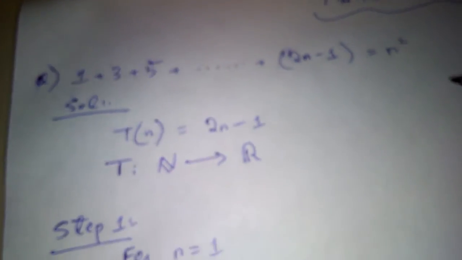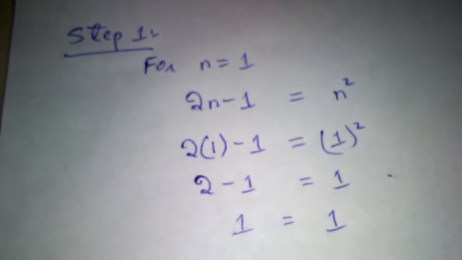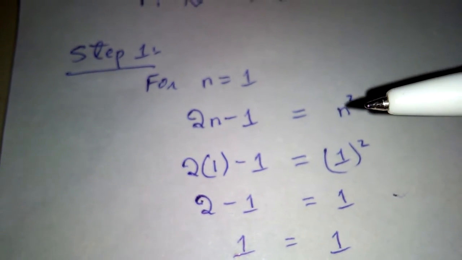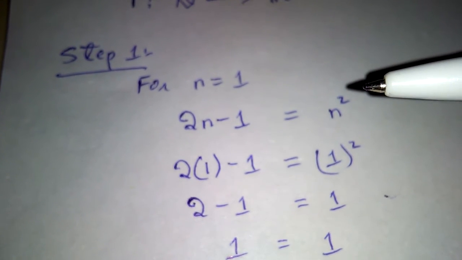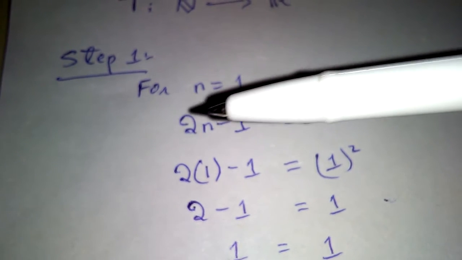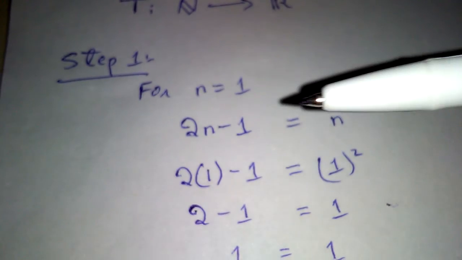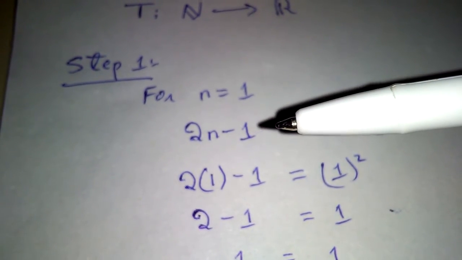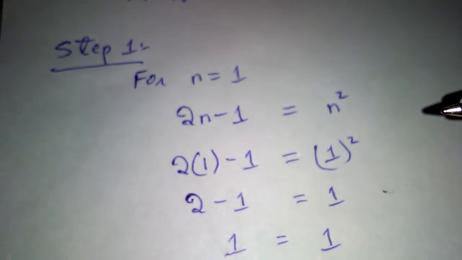That's what I have to do here. So my hypothesis in step 2 is that the series of 2n minus 1 is true for n equals k.